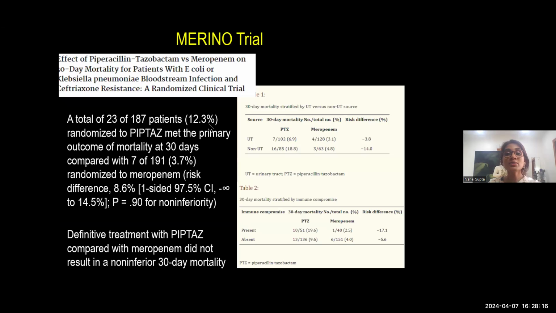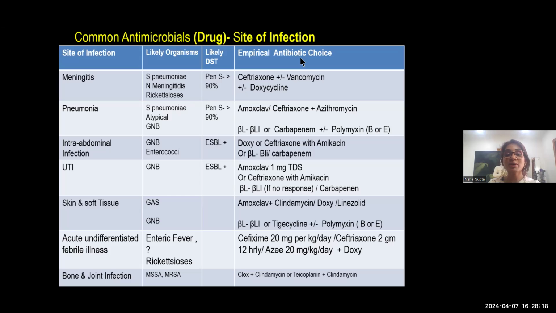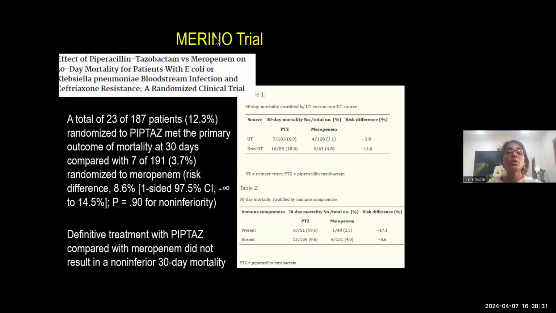So the empirical choice of the antibiotic or the carbapenems will depend upon several factors like site, organisms, susceptibility, immune status of the host, and the prior antibiotic exposure.